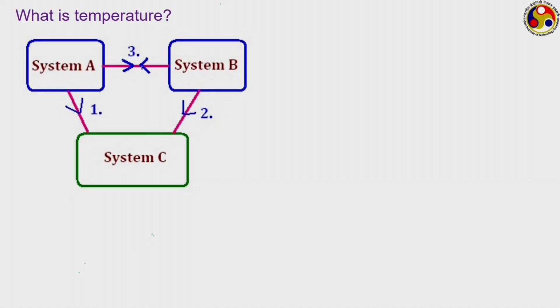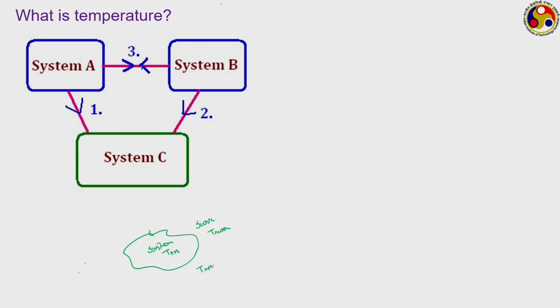Or if I take just a single system like this, so this is your system, and outside the system you have the surrounding, because from a thermodynamic point of view anything outside the boundary of a system is surrounding. And now if the system and surrounding are at different temperatures, let us say the system temperature is T_sys and the surrounding temperature is T_surr.